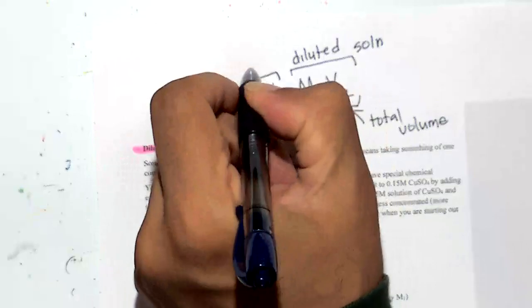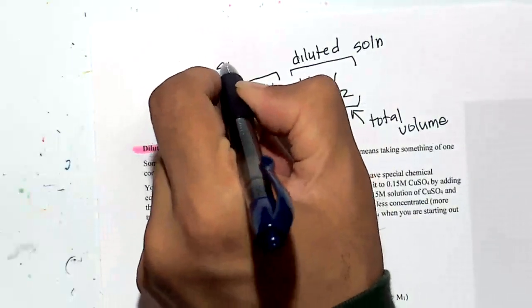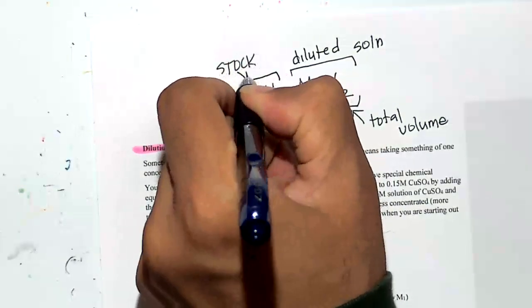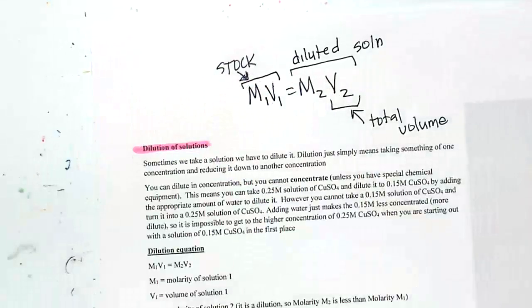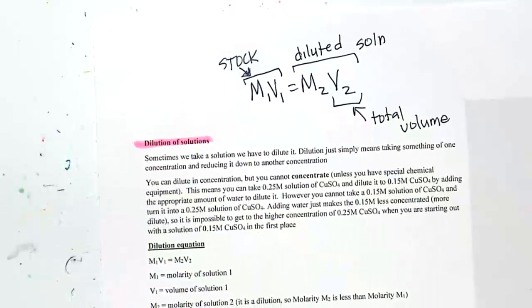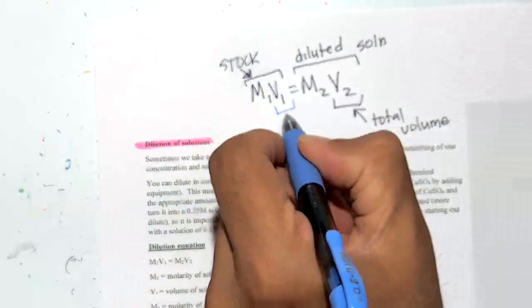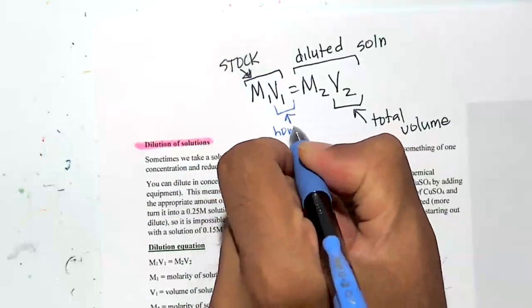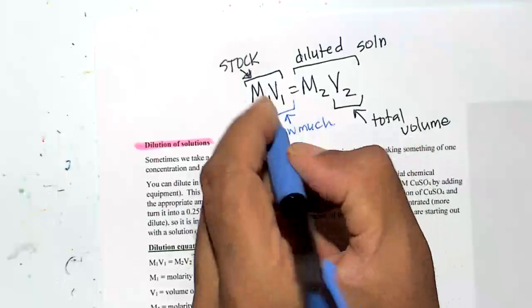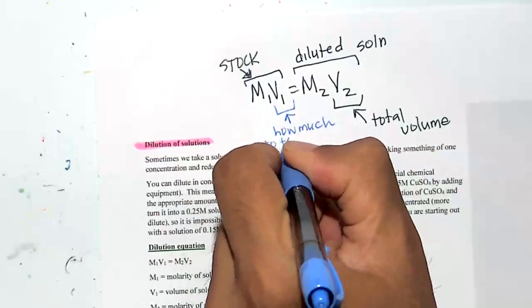We're going to call M1 the stock, and V1 is how much you take out from the stock.